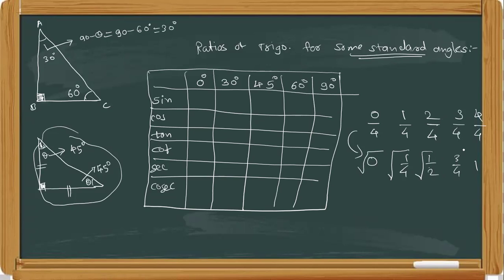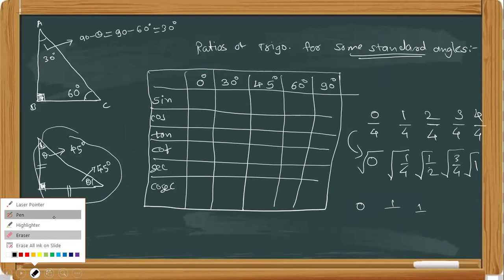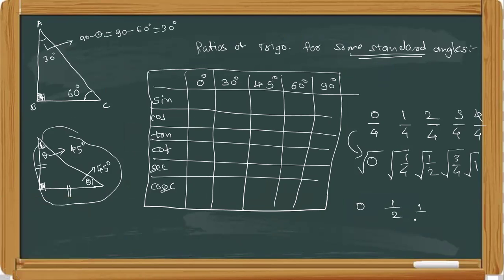Okay. I have taken square roots of it. So it is 0, 1 upon 2, 1 upon root 2, root 3 upon 2, and 1, because square root of 4 is 2 only, no?